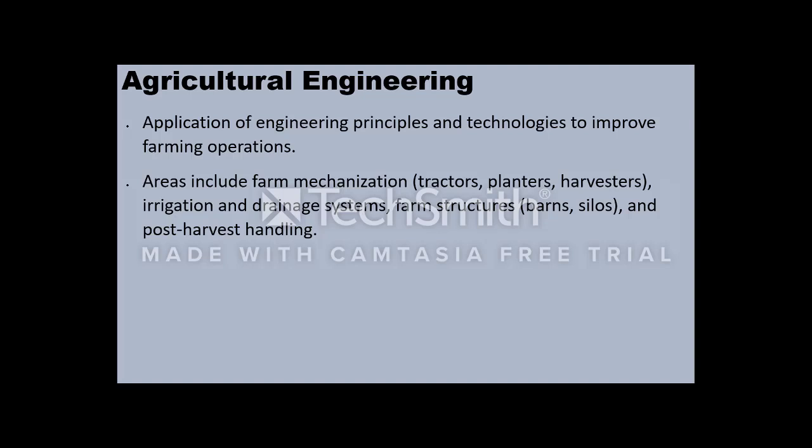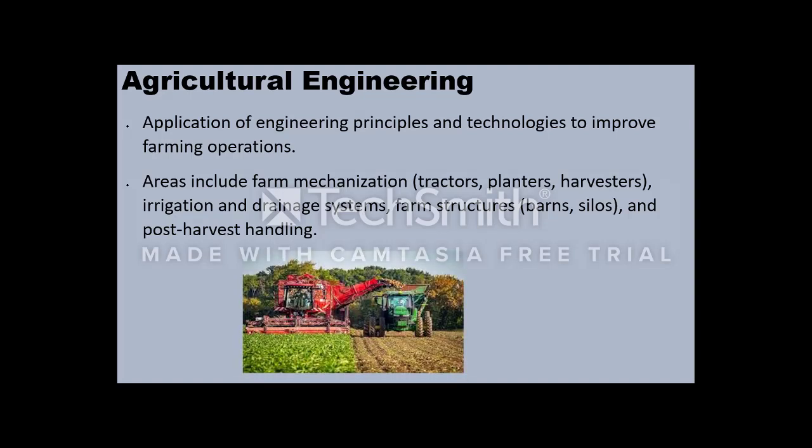And you're talking about using tractors, planters, harvesters, and a solid irrigation and drainage system, as well as solid farm structures in the name of barns, silos for handling the post-harvest losses. So in the picture here, you can see a tractor and a combine harvester.